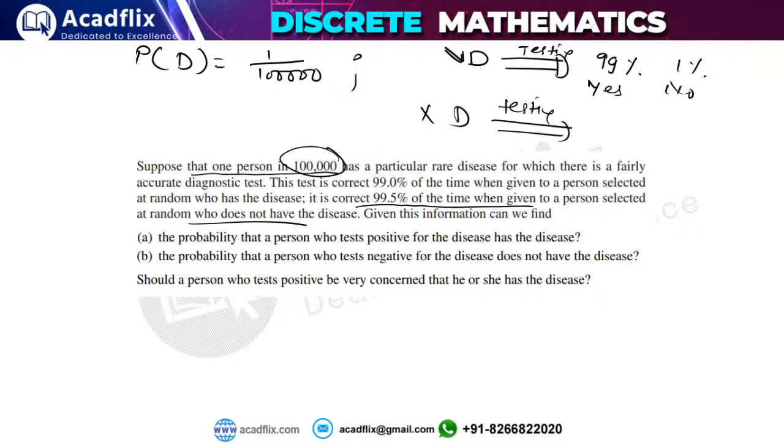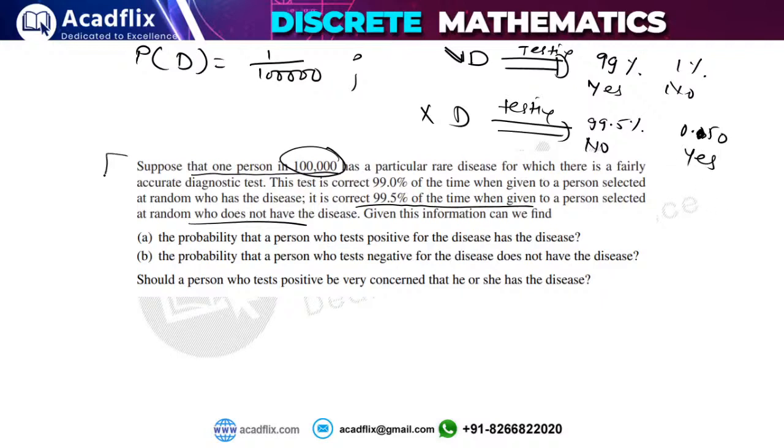Then he is saying that there is a 99.5% chance that it will say no, but there is a 0.5% chance that it will say yes.